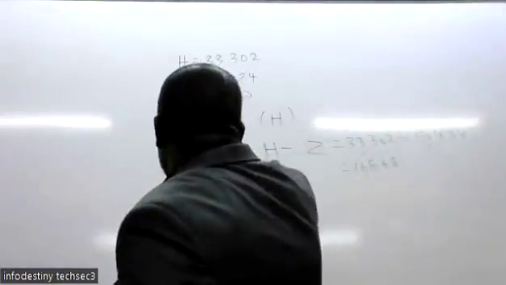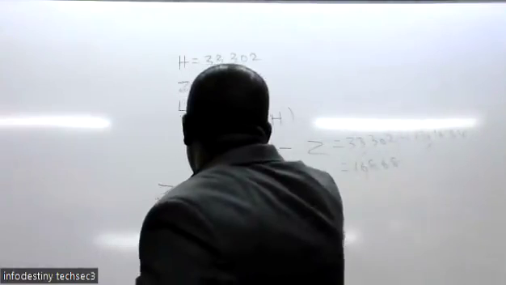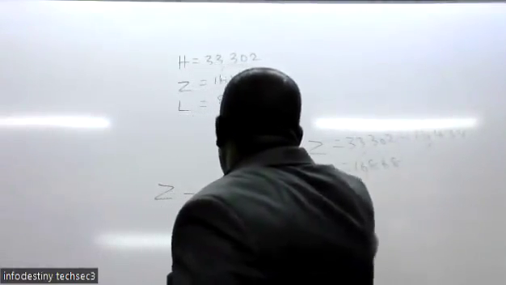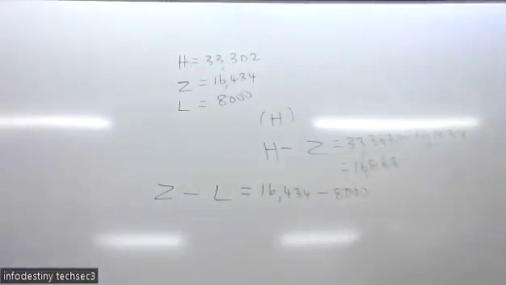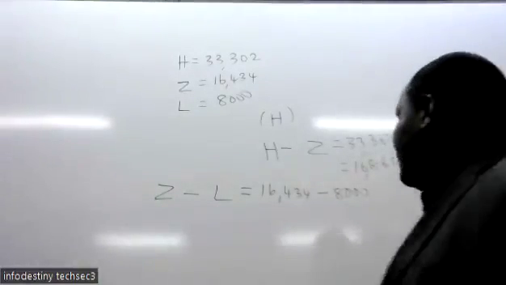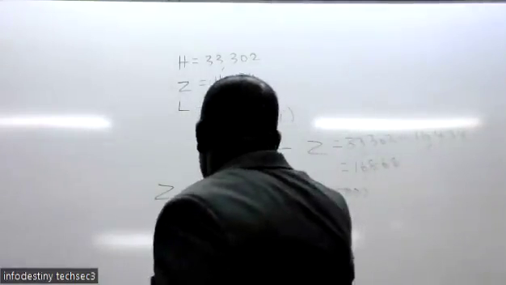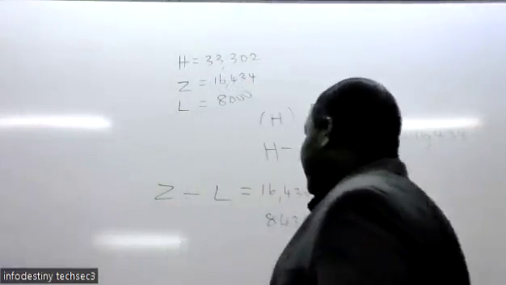So we have Z as 16,434 minus 8,000. So it should convert Z minus L, so this should be 8,434.